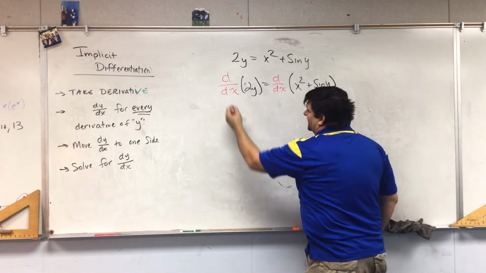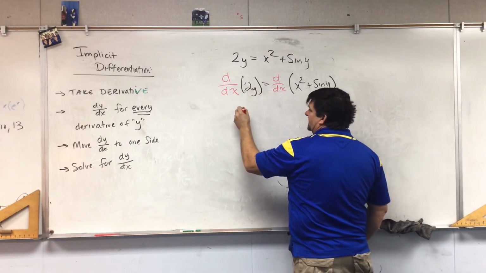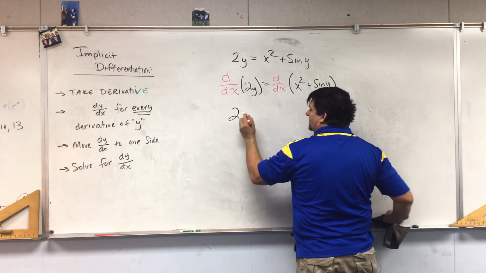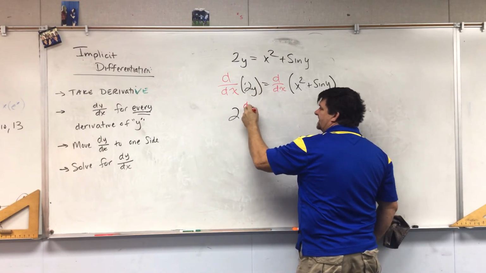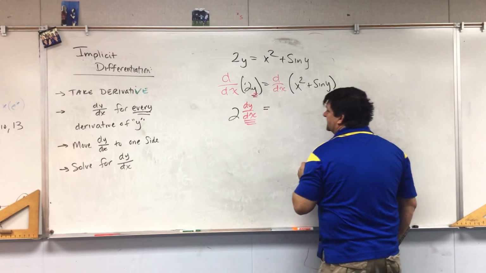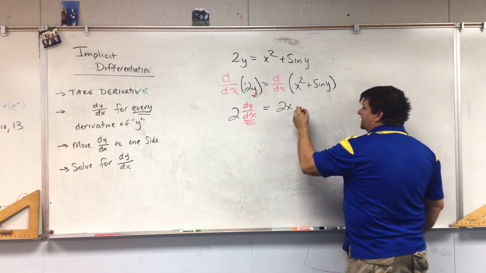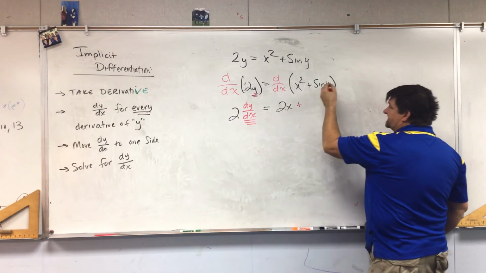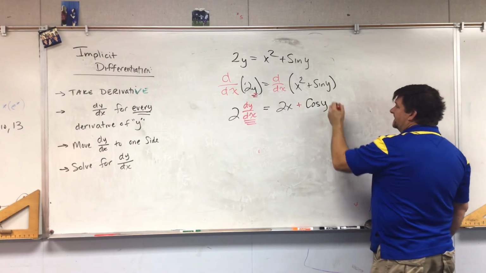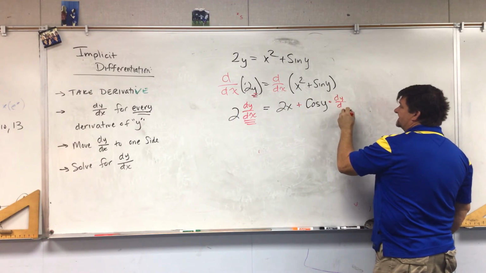If we take the derivative of this, my 2 is going to stay, and then the derivative of y is dy/dx, that's our key piece right there, equals the derivative of x squared, which is going to be 2x, plus the derivative of sine, which is cosine y, times its derivative of y, which is dy/dx.